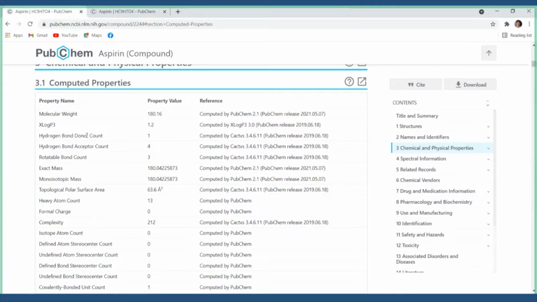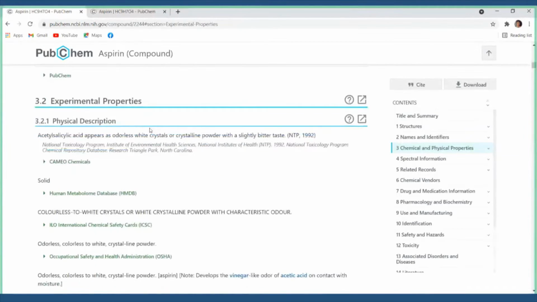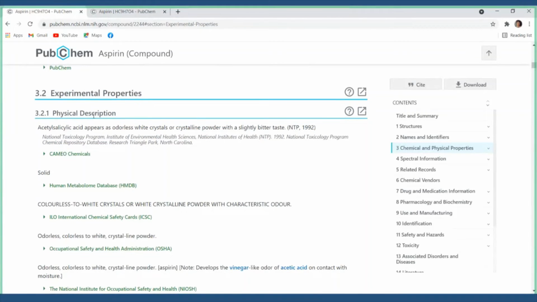Then the hydrogen bond donor, hydrogen bond acceptor, and rotatable bonds from the structure. I know you may not understand this now, but as we progress, you will understand these things. It also gives us some experimental properties, the physical property of aspirin. Are you getting me? It appears as odorless white crystal or crystalline powder with a slightly bitter taste.